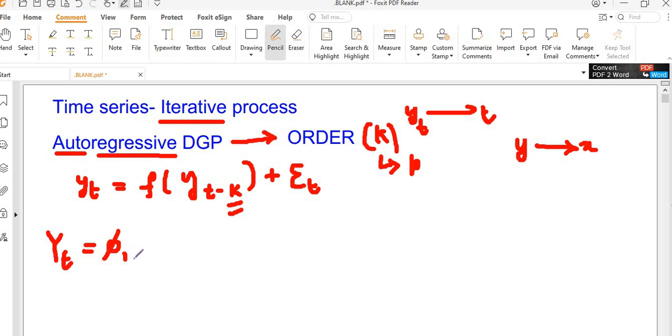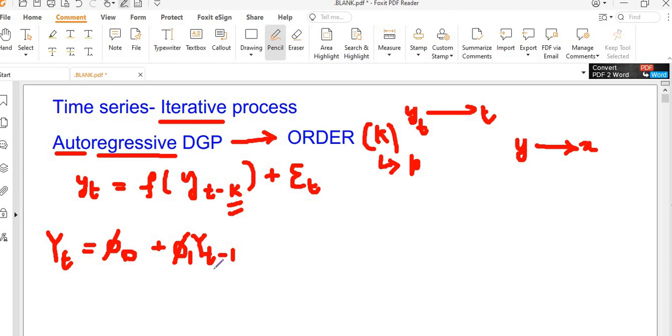So suppose this is phi naught. So the current value of y depends on a fixed constant. Then we have the past value, yt minus 1.